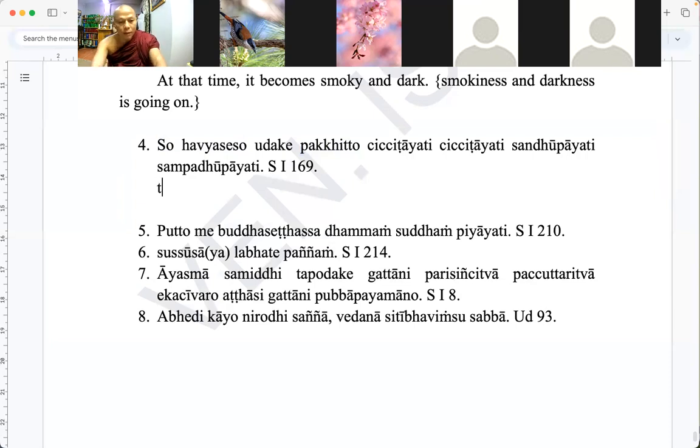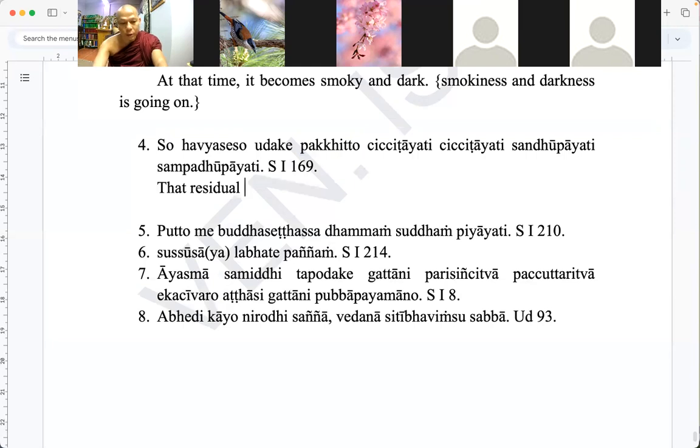So "Havya sesa", the remnants of, maybe residual oblation.